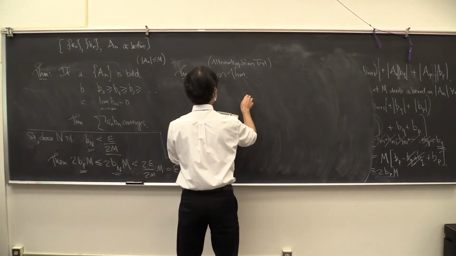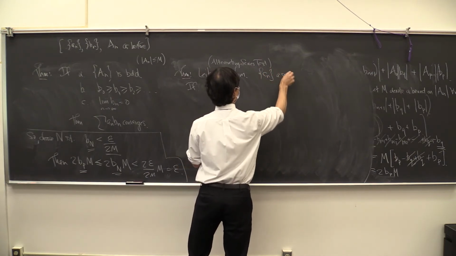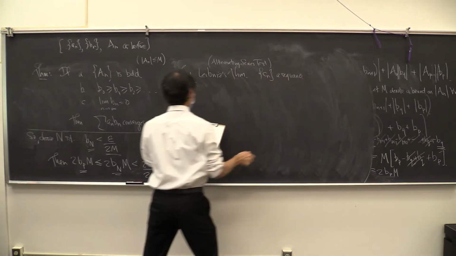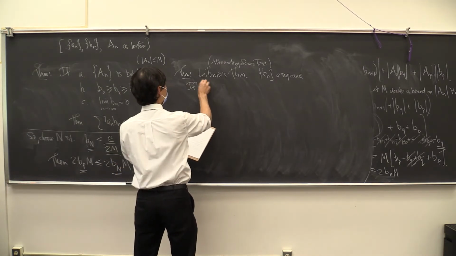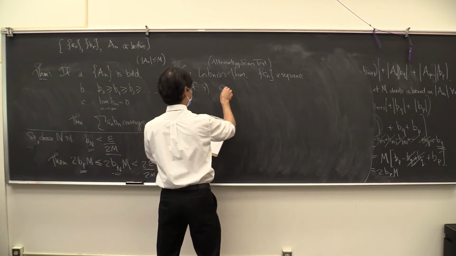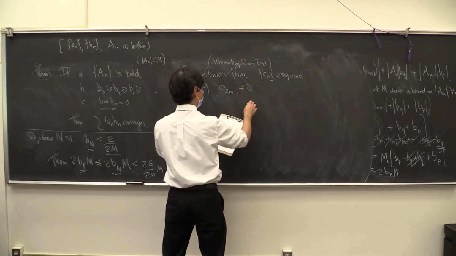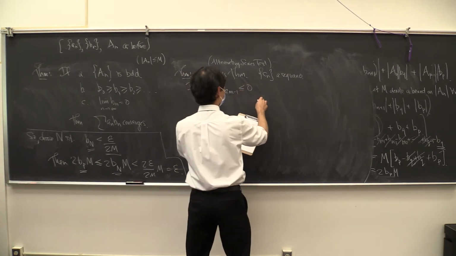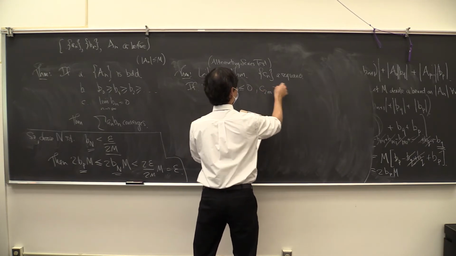You have some sequence of numbers, and those numbers are alternating in sign. Let's say c, the odd terms are non-positive, and the even terms are non-negative.